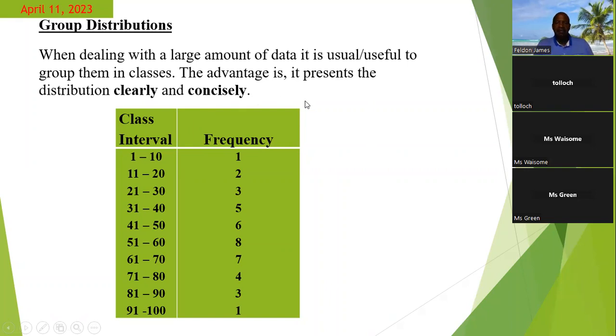So you can imagine if you were to list all of the data from 1 to 100, how it would probably look a little bit challenging to follow. It wouldn't be so clear to work with. Now, it also makes the data concise. So it gives a concise picture, meaning it shortens the way it would have looked if you didn't have the groups.